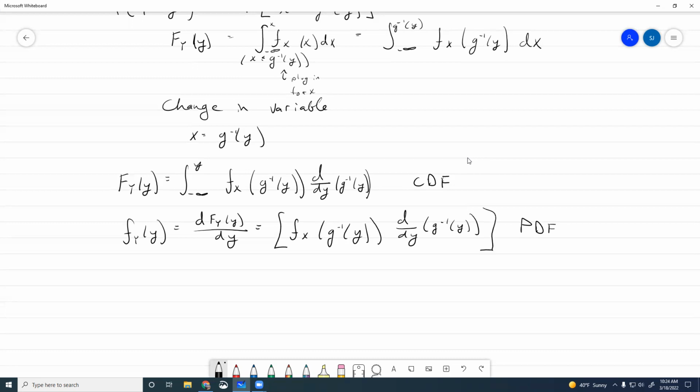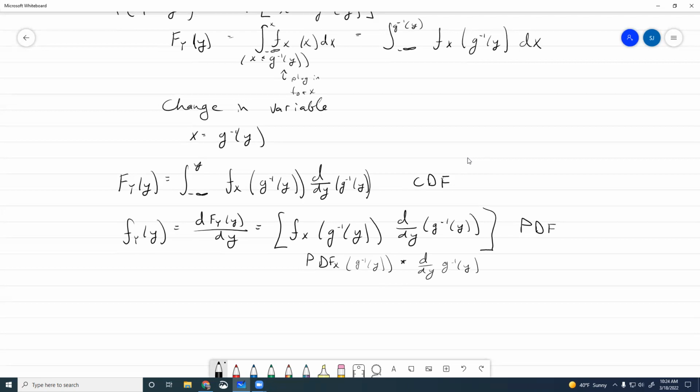So this is some calculus here. And what we're saying is we have a PDF of x. We're plugging in that inverse function of y into that PDF of x, and then we're multiplying by the derivative. And by doing so, because we just did all this calculus, we end up with a PDF of y.